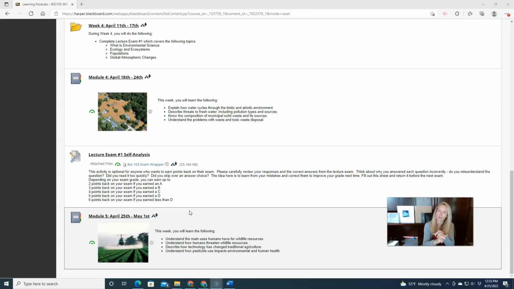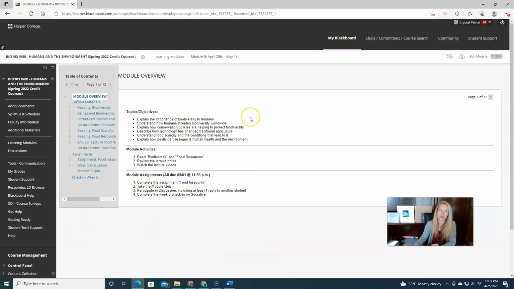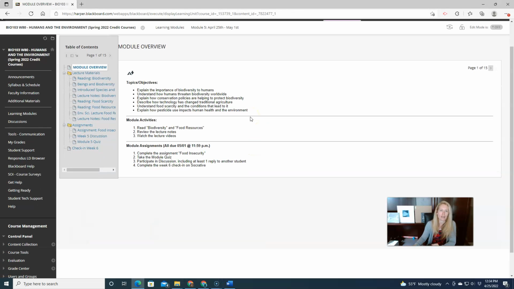And then we're also going to talk about agriculture, looking at traditional agriculture, modern agriculture, some of the ways agriculture can be harmful to the environment, and some of the ways that we can actually make agriculture more environmentally friendly.